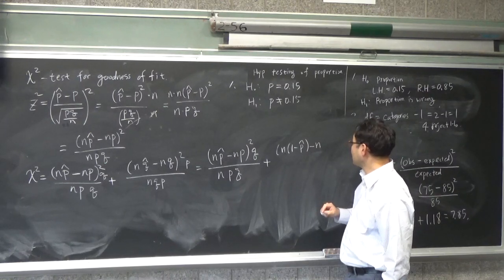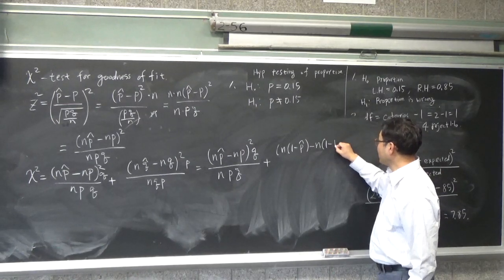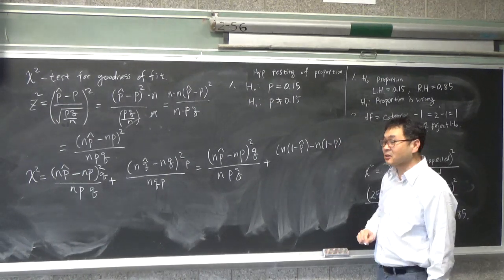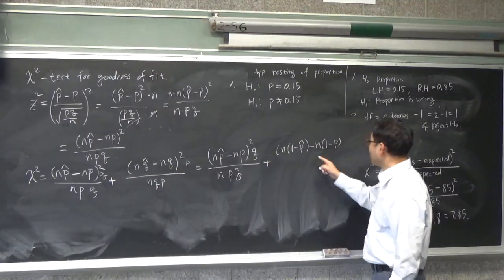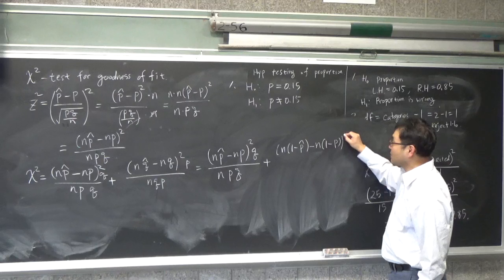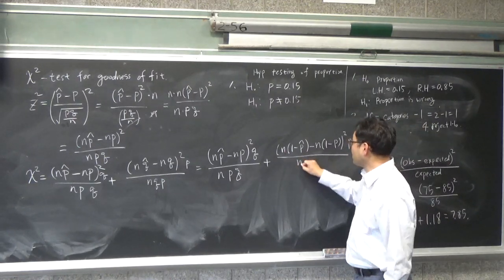That's also 1 minus p, right? So I just replace both the q hat and q by this, squared times p over npq.